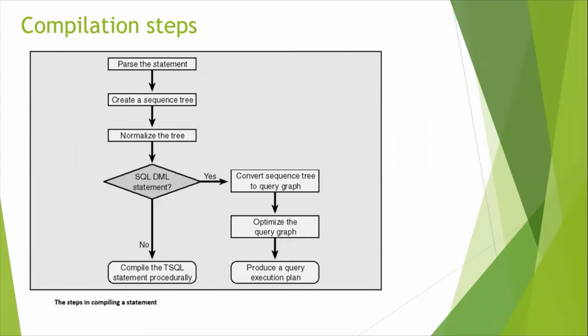For example, write ahead logging and the log manager, and it also identifies any DML operations that we have. Then it optimizes the query graph and produces a query execution plan. This is how the compilation happens. It checks what the statement is, and based on that, compilation proceeds.